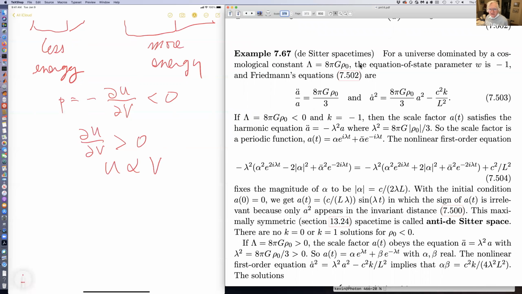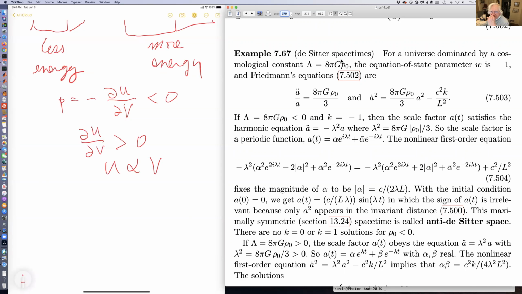In the de Sitter case, then we're talking about a constant energy density or mass density, and since 1905, mass density and energy density have been effectively the same thing. Here we're imagining that space has a certain energy, and that energy density is proportional to lambda.